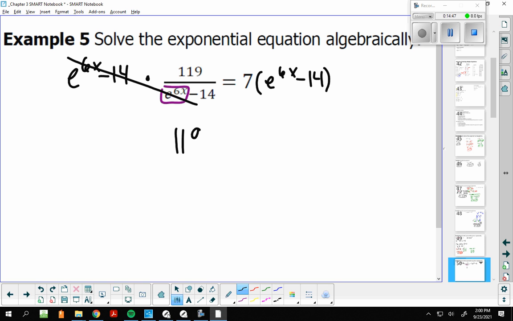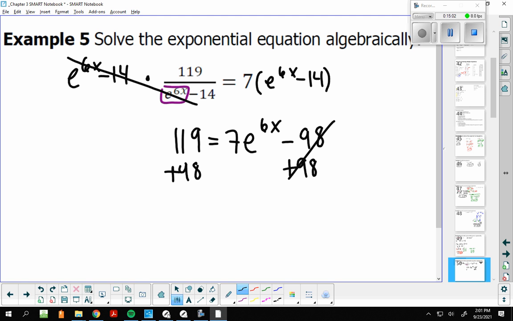So we get 119 equals 7e to the 6x minus 98. We'll add 98 to both sides because we're trying to isolate our power. So add 98, and that is 217 equals 7e to the 6x power.